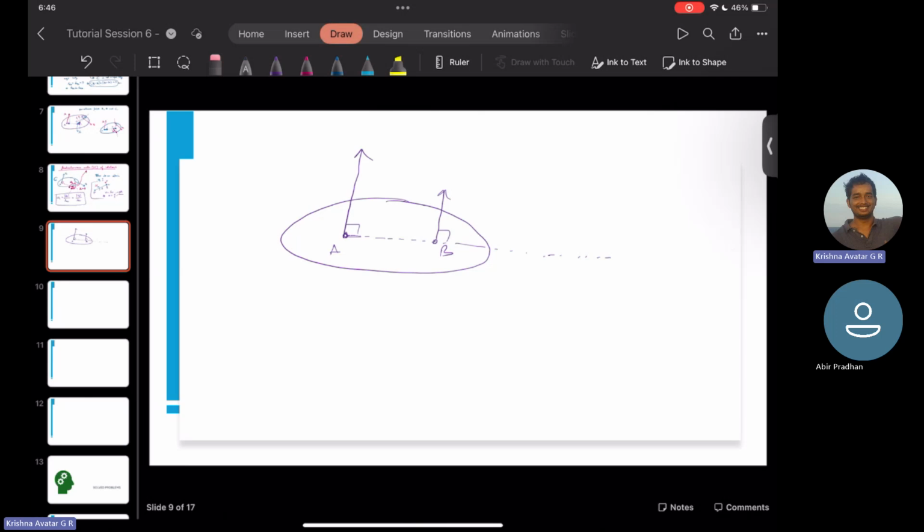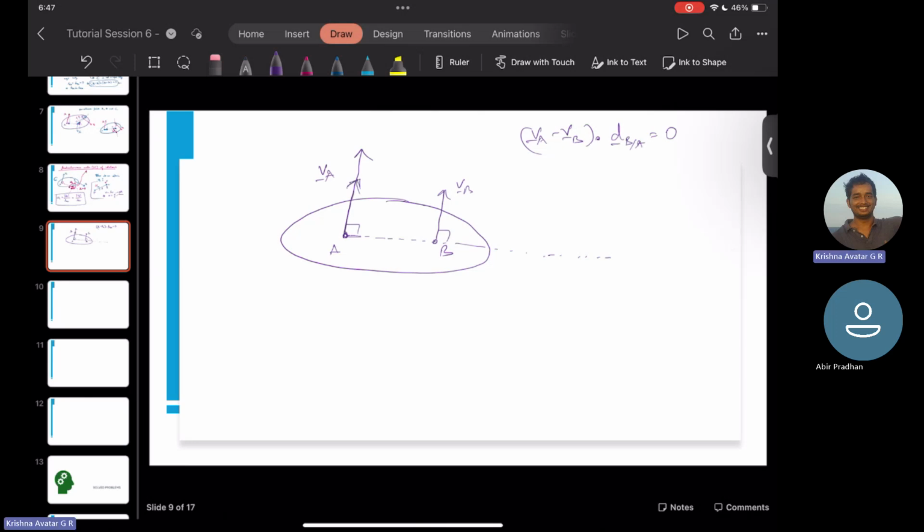Why? Because, let's just see. Say we have VA vector and VB vector. So the condition here also has to be that for rigid body motion, VA minus VB dot the distance vector between A and B has to be, of course, 0. So in that case, we extend this, and it's parallel, so it will be somewhere here.